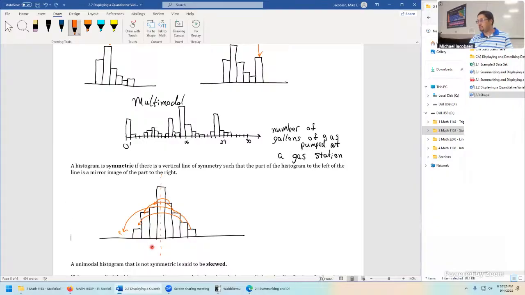This would still be considered very, very symmetric data. Let's emphasize this: highly symmetric. Actually, let's leave that dashed line just to convey the thought. There's a vertical line of symmetry such that one side is roughly a mirror image of the other. Your data is highly symmetric.